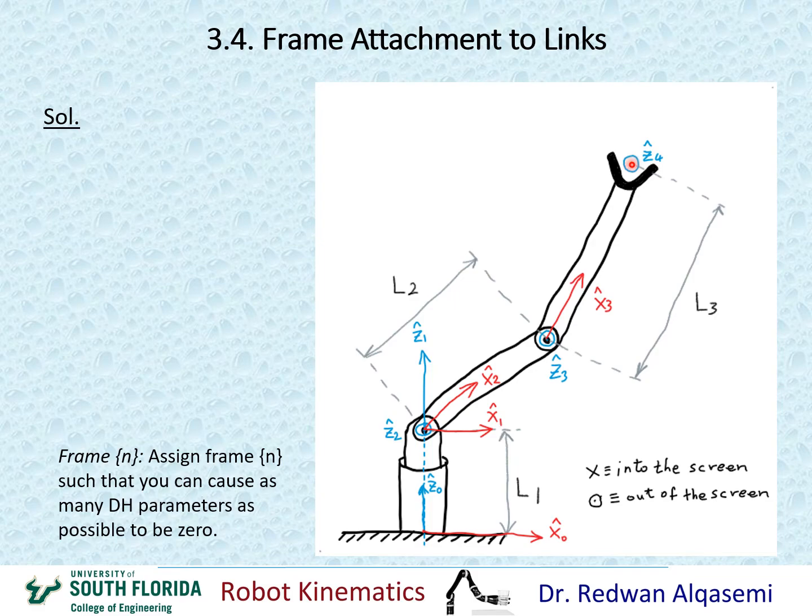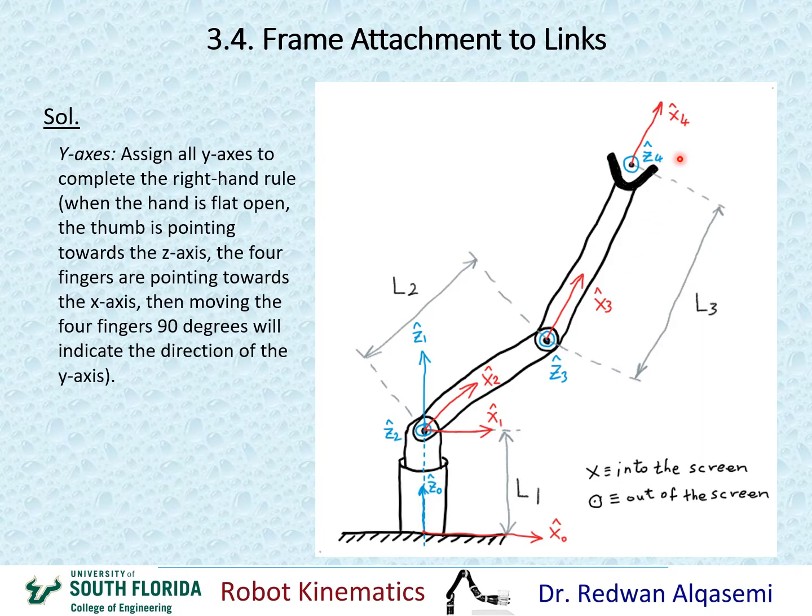So if I create x3 to be going in this direction, and x4 going in this direction, similar to x3, that means I'll be eliminating an angle for theta. So I'm going to assign it to go from the origin of frame 4 going up in the same direction as x3, and that would be my x4. Okay, so now we are done with the x-axis.